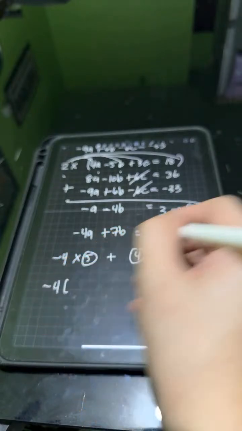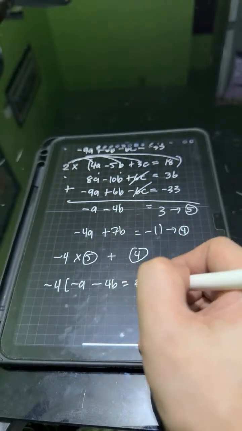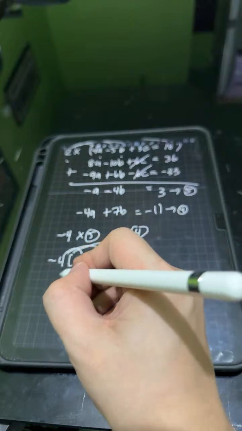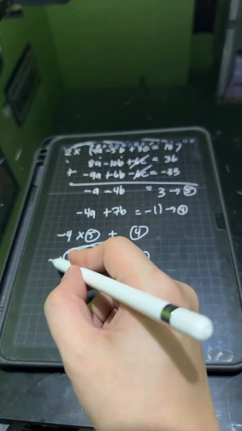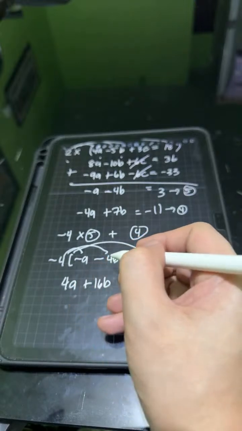So negative 4 times equation 5, negative a minus 4b equals 3. Distribute this negative 4. Negative 4 times negative a, positive 4a. Negative 4 times negative 4b, positive 16b.